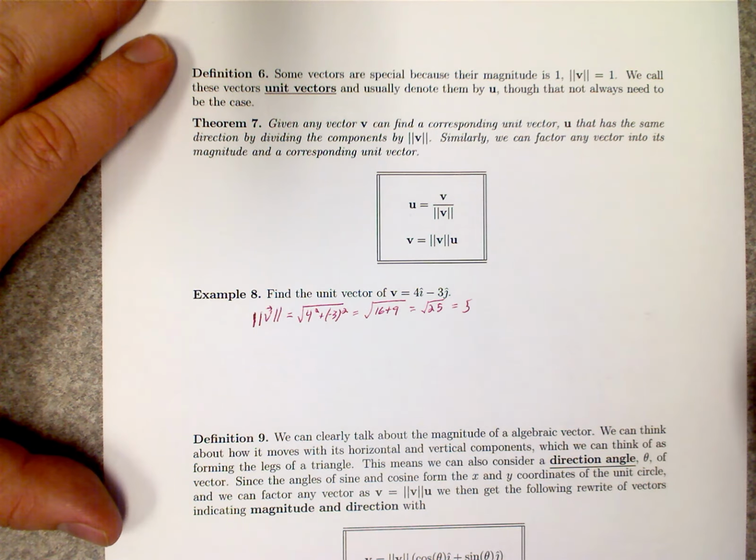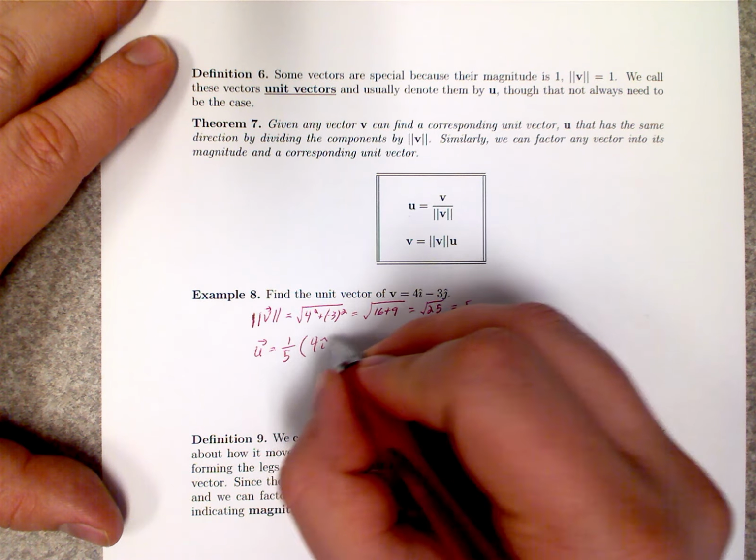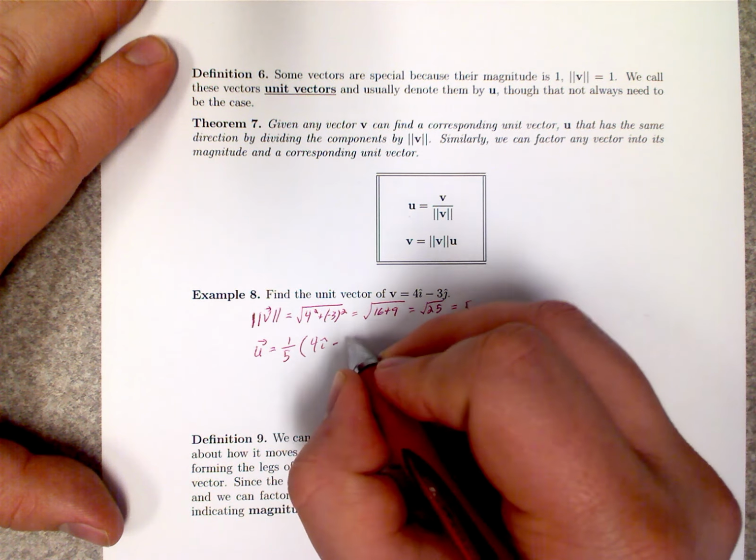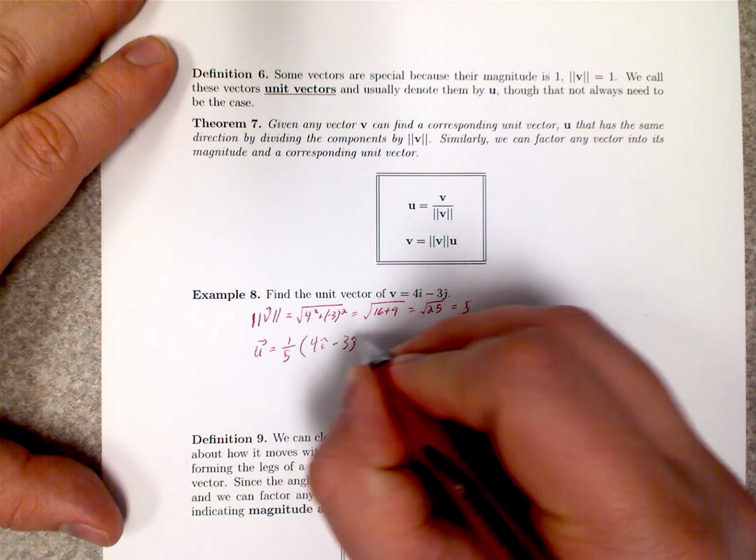of our vector. So we can multiply by 1/5, or we can just divide it in. It might make some people happier to think about it that way. So 1/5 times 4 i hat minus 3 j hat. Then we distribute the 1/5.